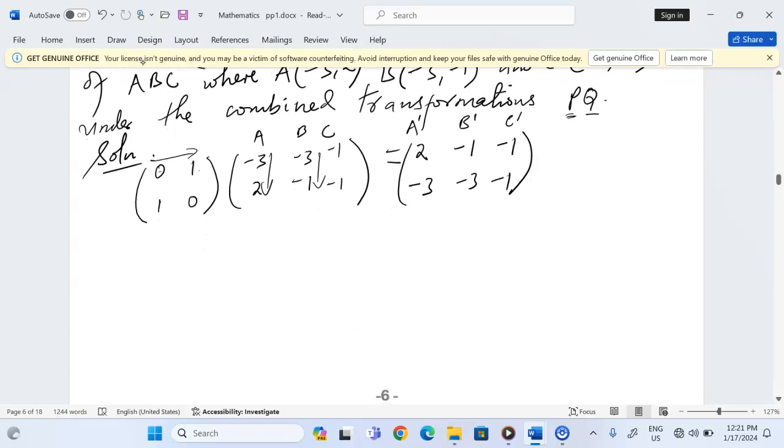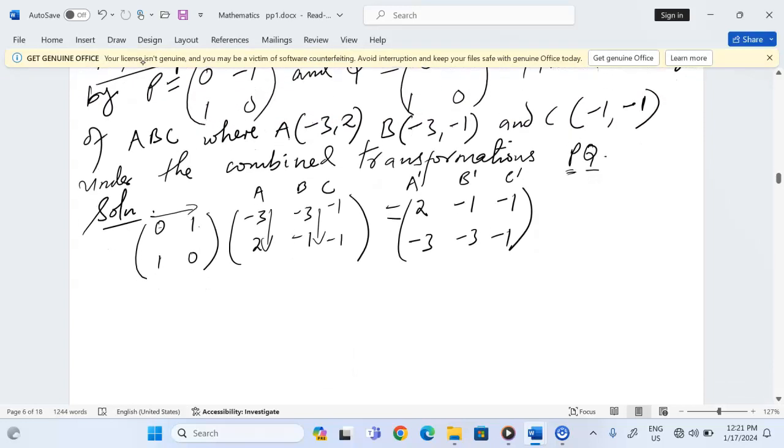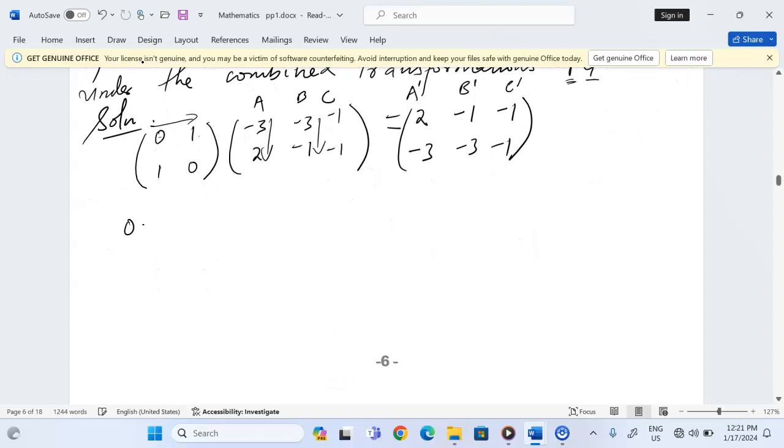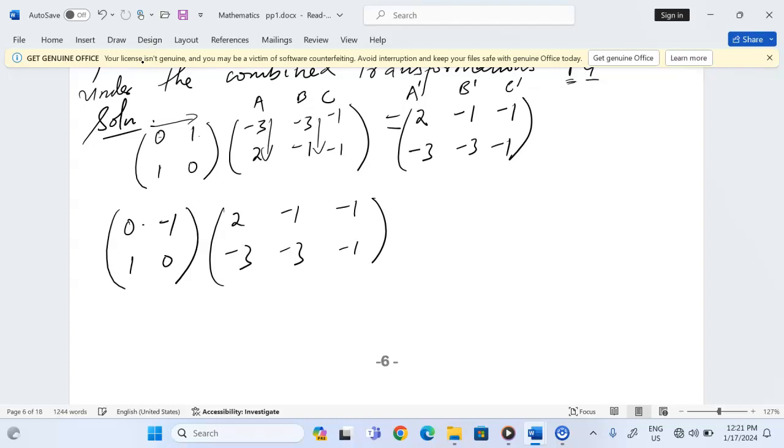Then now this one is transformed through matrix P. Therefore, we're going to have matrix P, which is 0, -1, 1, 0. Now this one becomes the object to be transformed. So 2, -3, -1, -3, -1, -1.